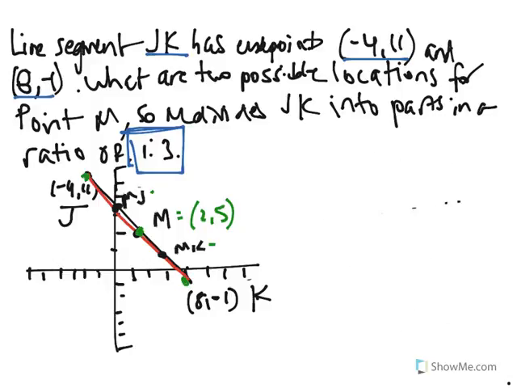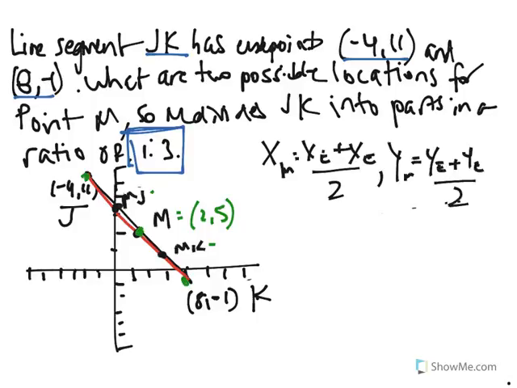First things first, let's find the midpoint of MK, the line between points M and K. We're going to have 8 plus 2 over 2 equals 10 over 2, so xm equals 5.